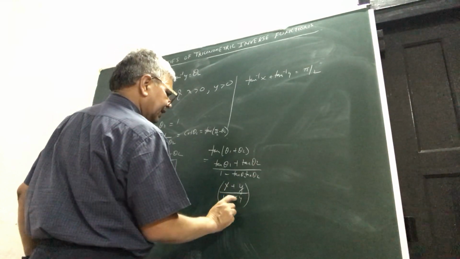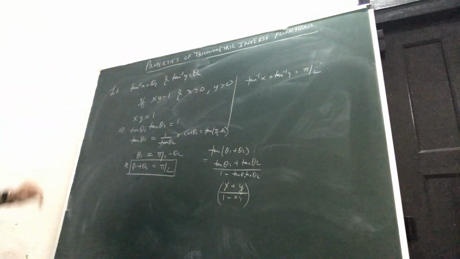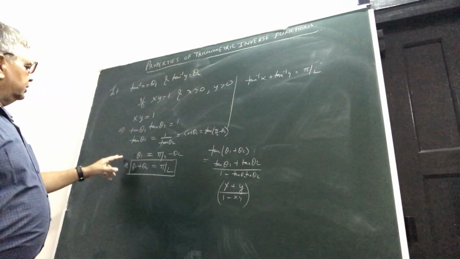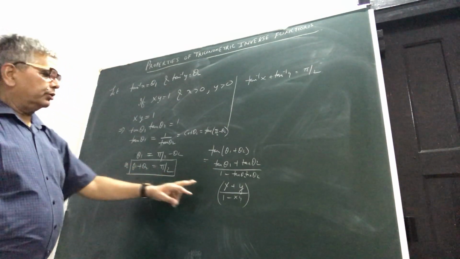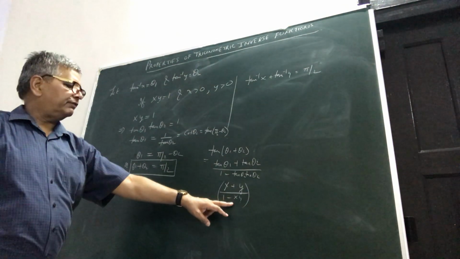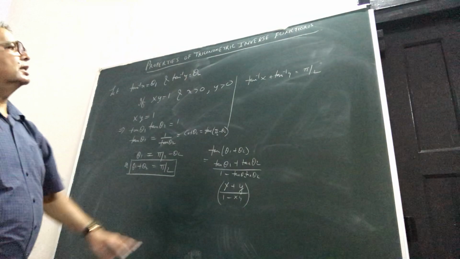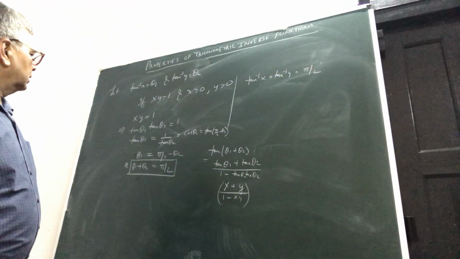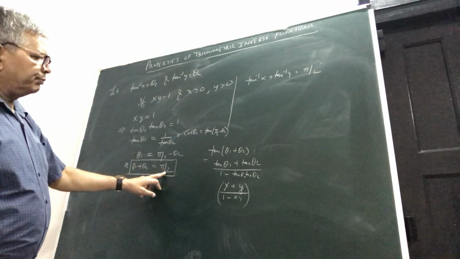Now here see, xy becomes 1, so it gets undefined. So from there itself you can find out that theta 1 plus theta 2 ought to be pi by 2, because xy is equal to 1. So you have proved theta 1 plus theta 2 is pi by 2.